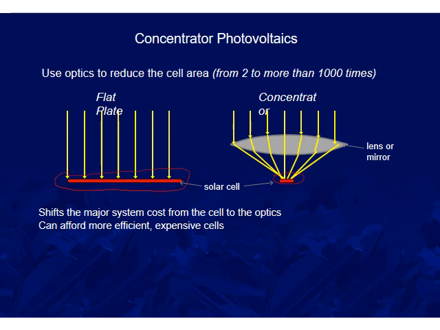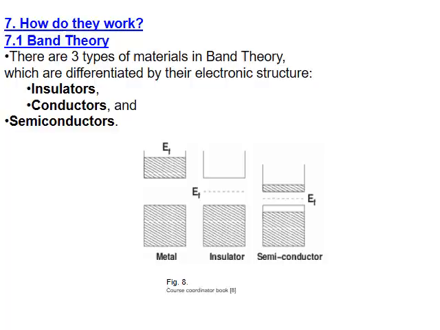Definitely, this will reduce the material used and reduce the cost. But from the other side, I can try to concentrate the light, increasing the light absorbed by the cell by using lenses or mirrors. This is another way. Some people use the conventional, and some invest in lenses or mirrors and reduce the material used. Definitely, this will create another problem, which is heat, and we need to reduce it by cooling.